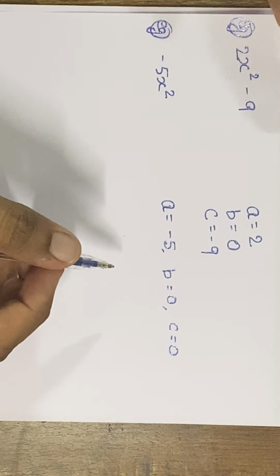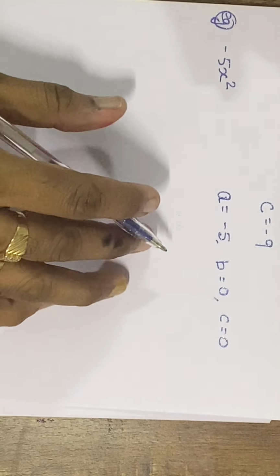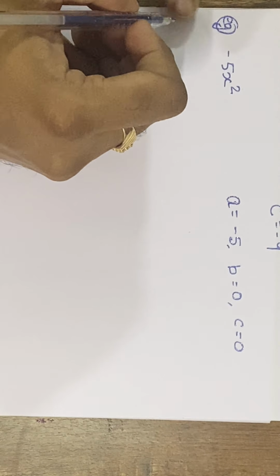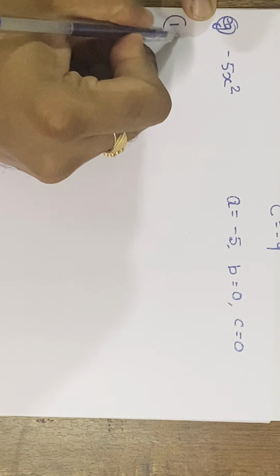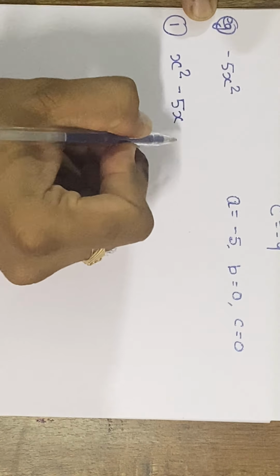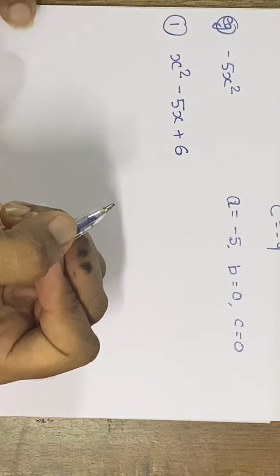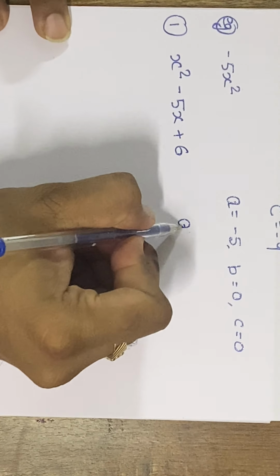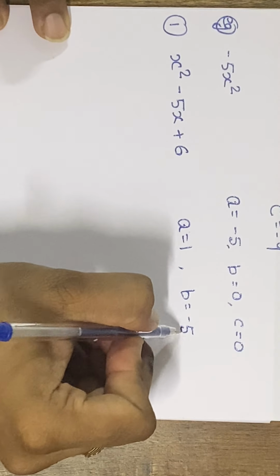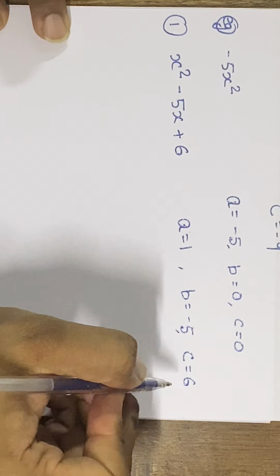Okay. Now we will see how to solve using splitting the middle term. I'll take one straight question: x square minus 5x plus 6. So here I know that my a is 1, my b is minus 5 and my c is 6.